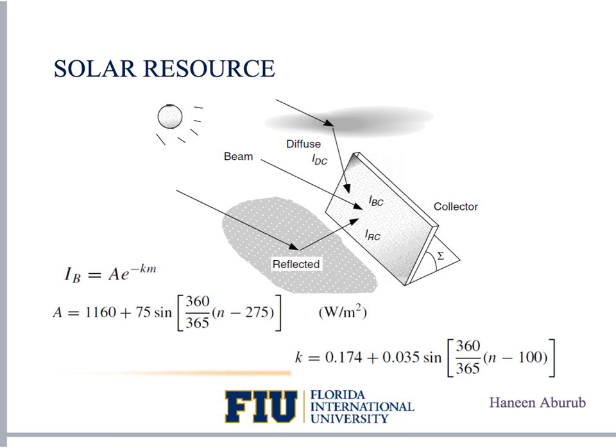Now the solar flux that strikes the collector will be a combination of direct beam radiation that passes in a straight line through the atmosphere to the receiver, and diffuse radiation that has been scattered by molecules in the atmosphere, and the final thing is the reflected radiation that has bounced off the ground or other surface in front of the collector, as shown in this figure.